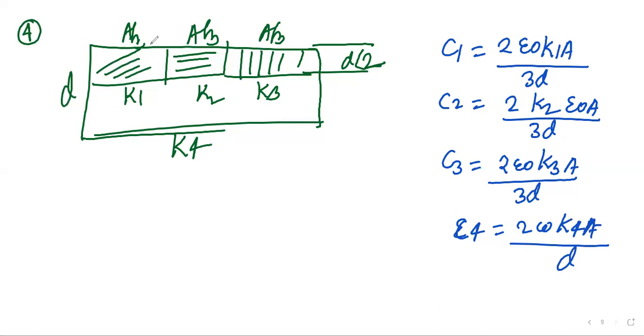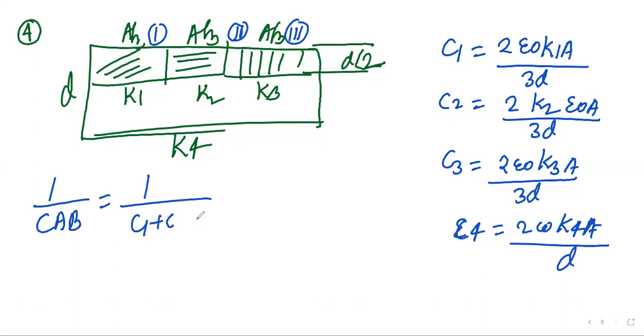So 1, 2, and 3 are in parallel, and the resultant of these three is in series with this. So it will be 1 upon C AB. Capacitances in series are added inversely. So it is 1 upon C1 plus C2 plus C3, plus 1 upon C4.